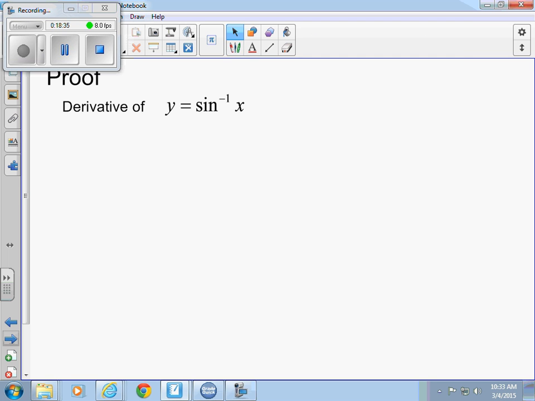Alright, so you've seen them on your calculus helper. The next thing I want to do is show you why sine inverse's derivative is what it is. Tomorrow the only goal will be to show you why the trig function derivatives are what they are.